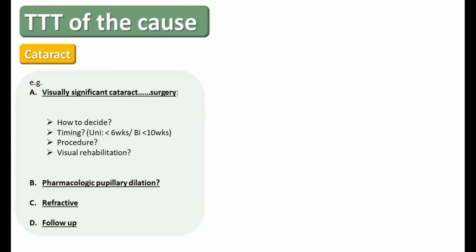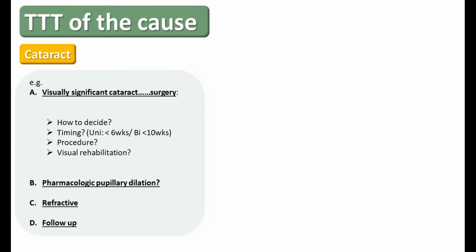If someone asks you about the treatment of cataract in pediatric age group, you have to cover all these lines of treatment. Don't stop at surgery. It's not all about surgery. Some cataracts are visually insignificant, and you may even discover it during adulthood.